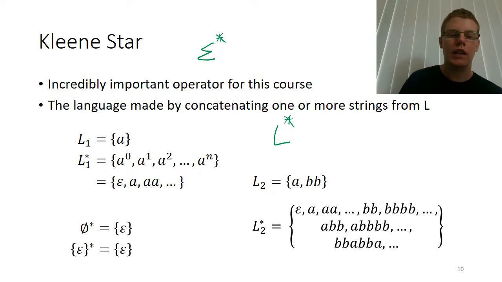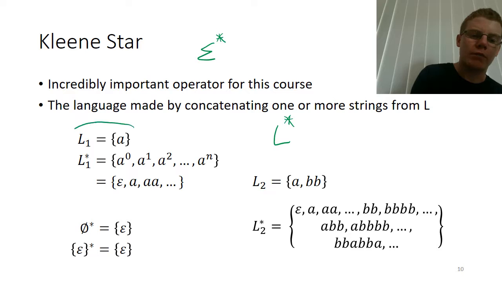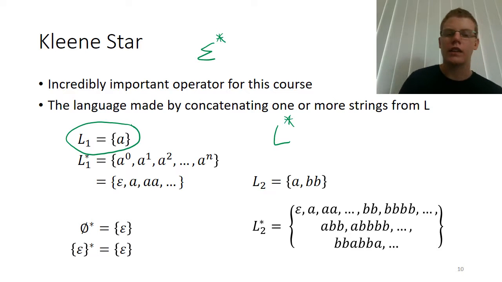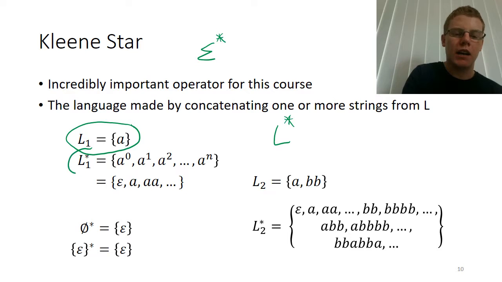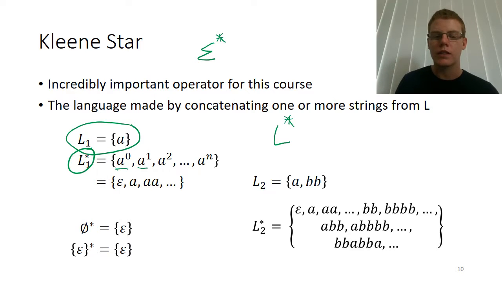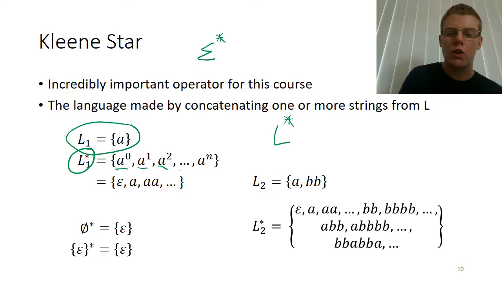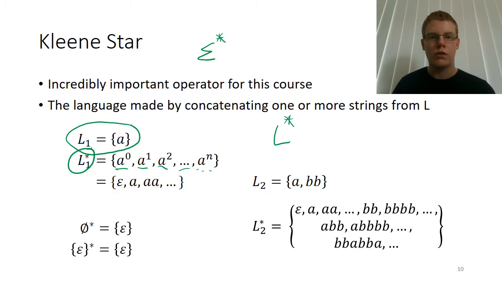So let's talk about a really simple case, and that is the language which just consists of one string, A. The Kleene star of that language is A to the 0, A to the 1, so A concatenated with itself 1 time, and A concatenated with itself 2 times, all the way up to ad infinitum. So it is all of the finite length strings that I can build using an A.